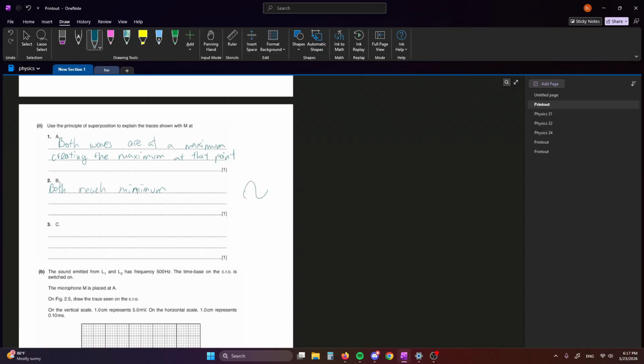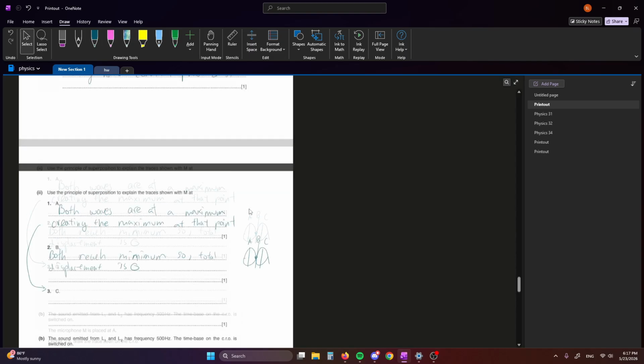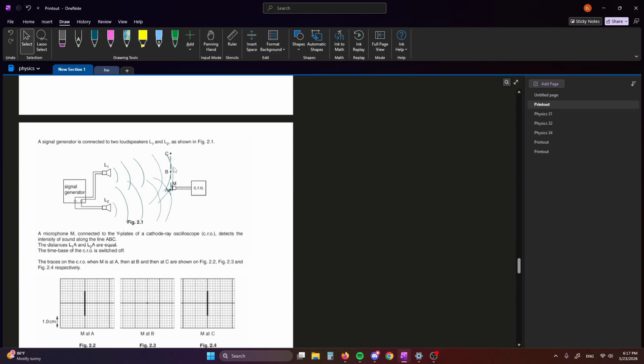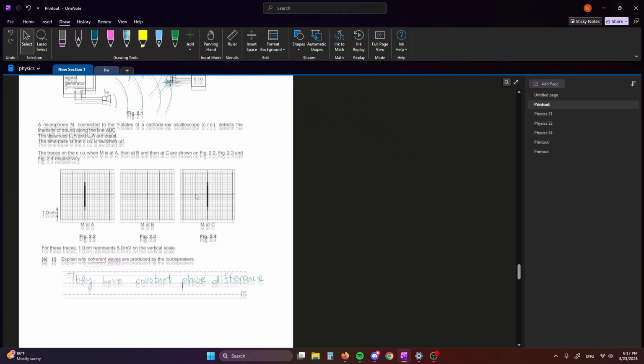So it's something like this, where this is A, this is B, and this is C. Both reach minimum, so total displacement is 0. And as for C, it's going to be the same answer as A, where the difference in wavelength means it's going to be a maximum. This is kind of like a diffraction grating. So this is maximum, minimum, maximum.